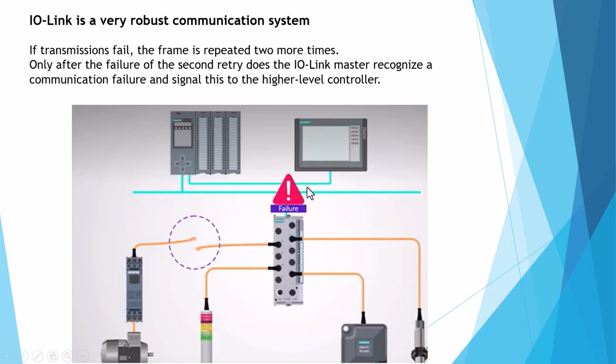For example, if a cable is disconnected, the SCADA HMI shows the failure. The 3rd time, if your signal is still not successful, then it sends the fail signal to the high level controller. The 1st time and 2nd time, it just sends the signal and repeats 2 more times.